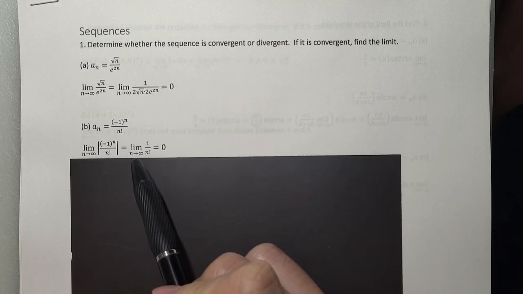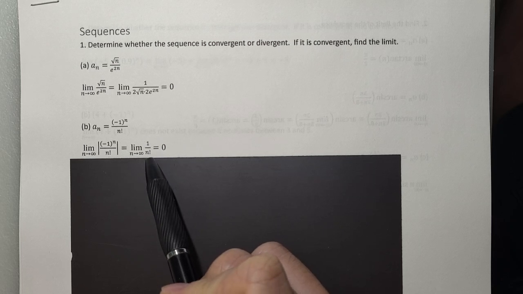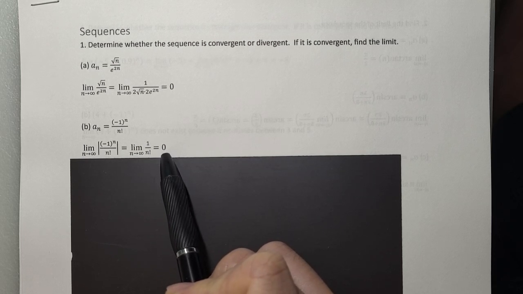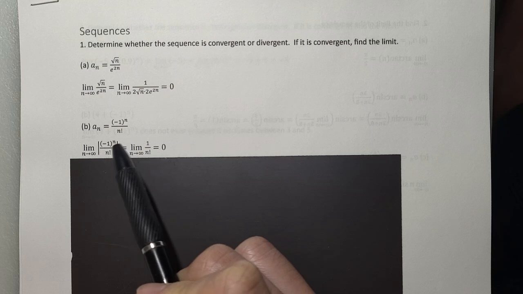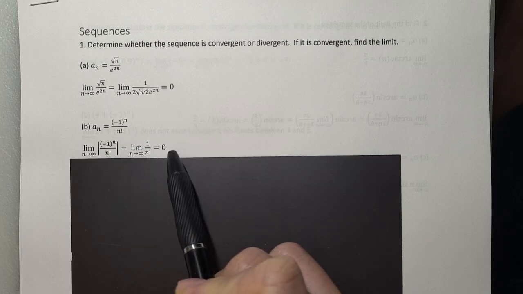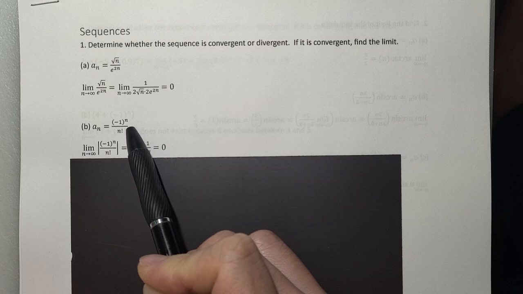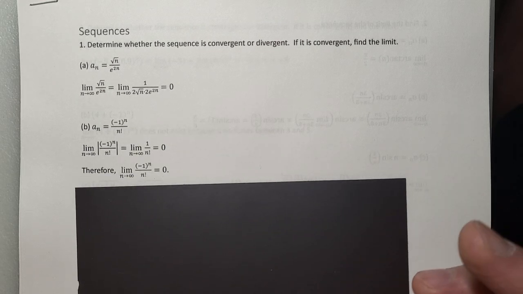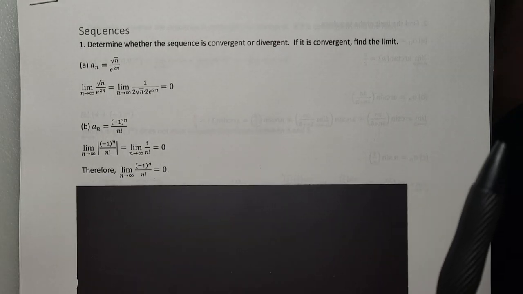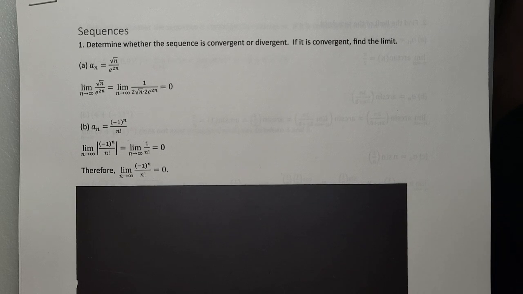So we take the limit as n goes to infinity of 1 over n factorial. That clearly goes to 0. The theorem says if the limit of the absolute valued version is 0, then the limit with the changing sign is also 0. So we use that new thing here.